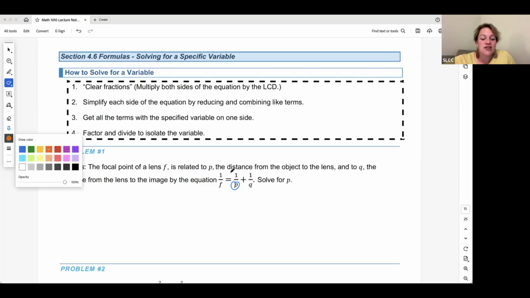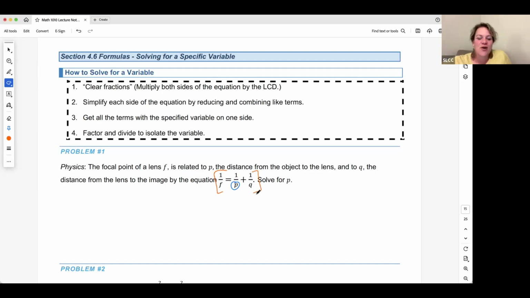So the first thing I want to do is multiply both sides of the equation by that common denominator, F times P times Q. You need the most of each distinct prime, and so it's just F, P, and Q.